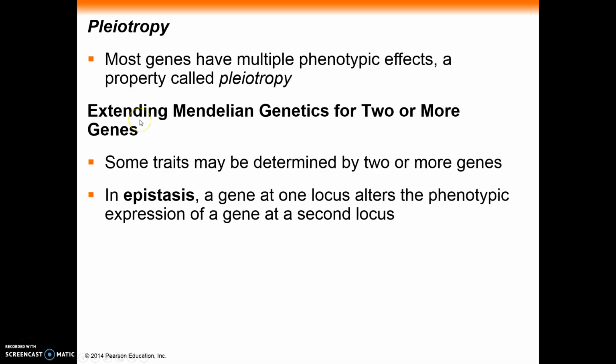Now, when you start extending to various traits that are regulated by two or more genes, we need to start thinking about it in a slightly different way. I would say most of our traits are actually determined by multiple genes.